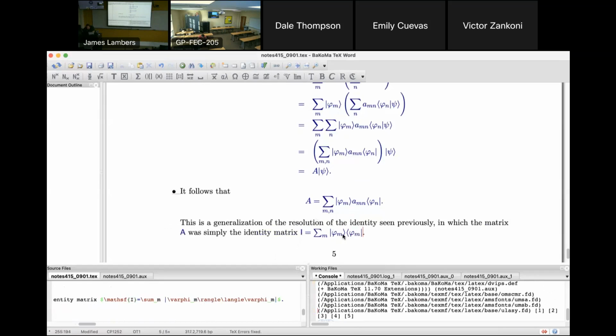Okay, so here we have identity, that's at the end of section 5.1. This is a special case of this, where little a_mn actually defines the identity matrix. Oh, sorry. I in this font is the identity matrix.